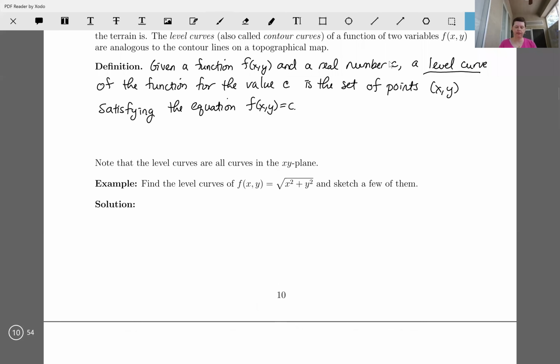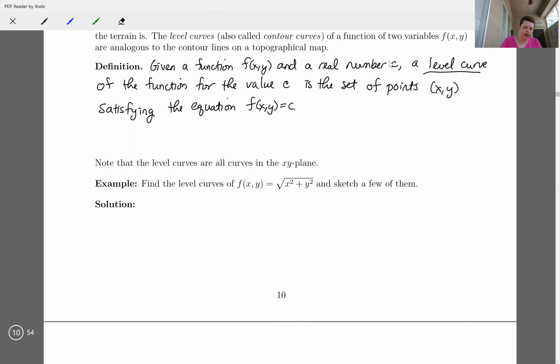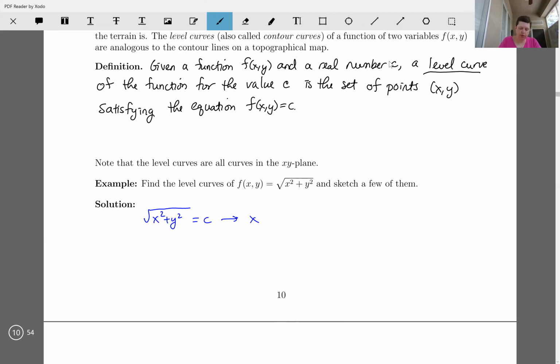Let's find the level curves of f of x y equals the square root of the quantity x squared plus y squared. Okay, and we're going to sketch a few of them. So we have that square root of x squared plus y squared equals c, also known as x squared plus y squared equals c squared.